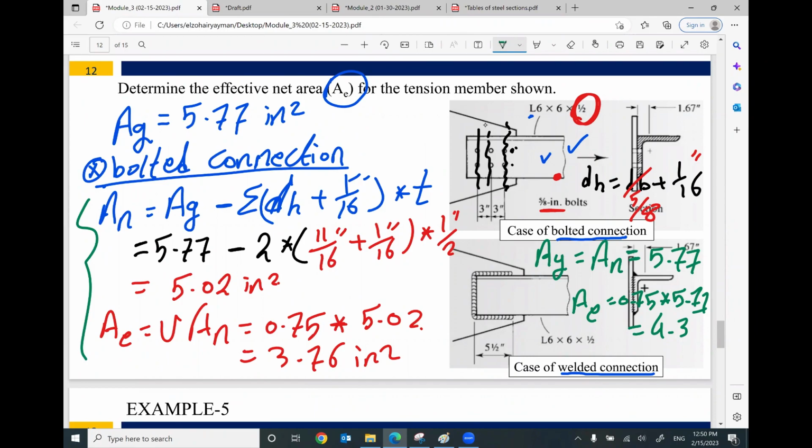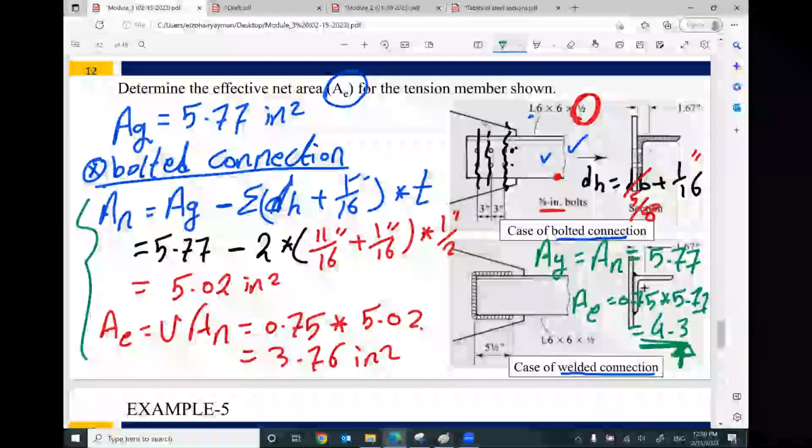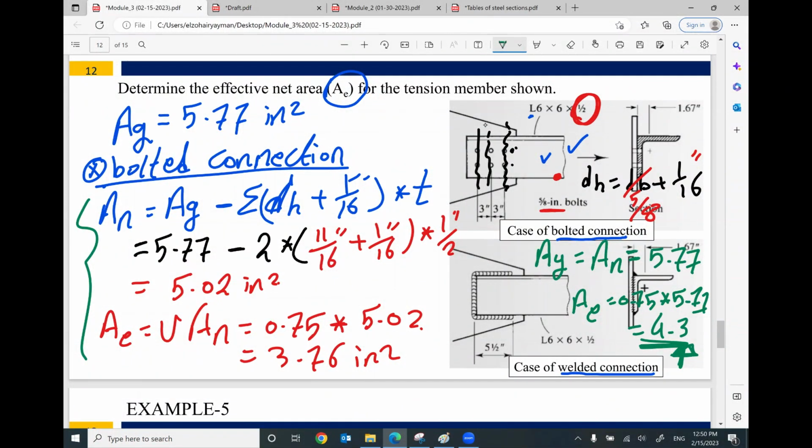So do you think the welded connection will be better? Yes, because we are saving material. We are using the full capacity of your material. Due to the holes, due to the bolts, we reduced the area to 3.76 from 5.77. But in the welded connection, we reduced it from 5.77 to 4.3. We're still good, or better at least.